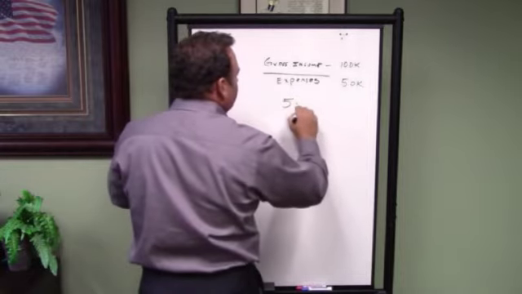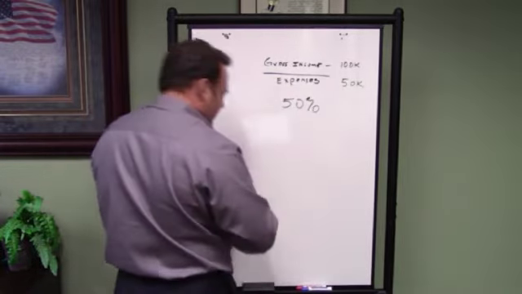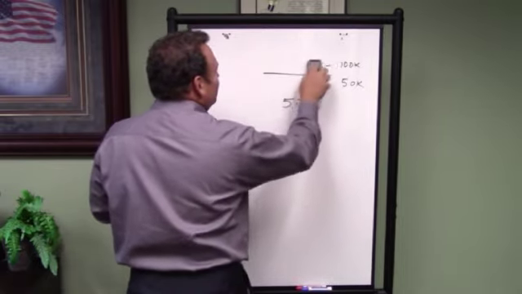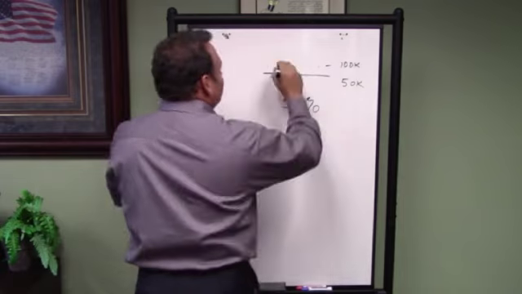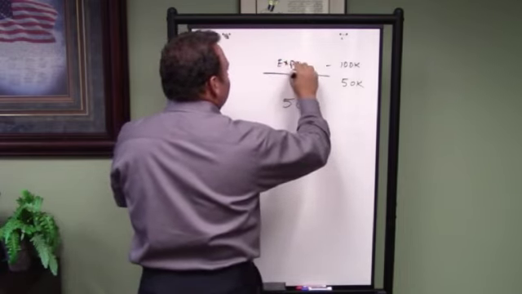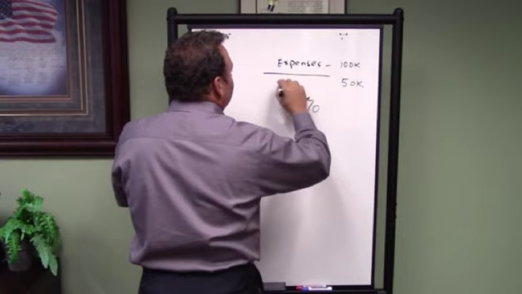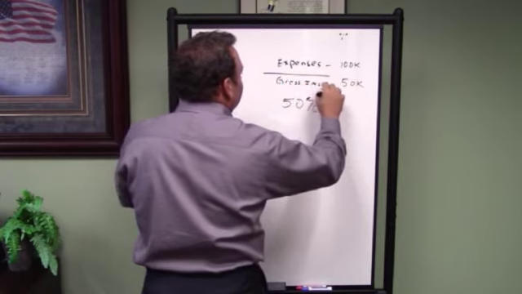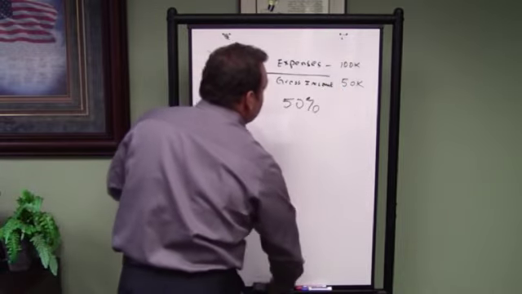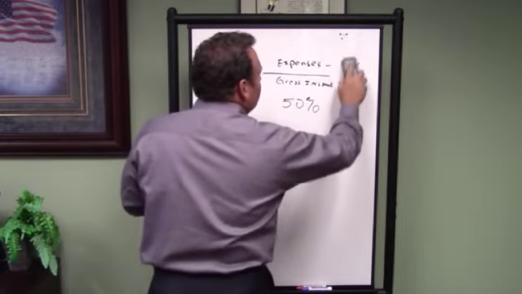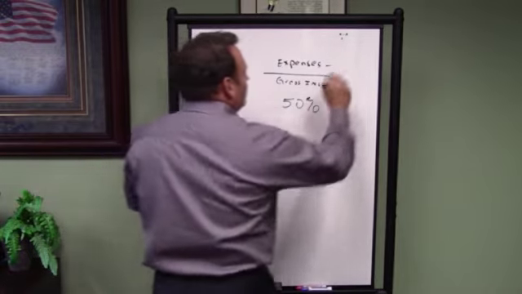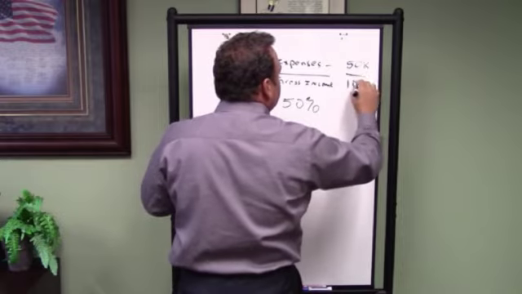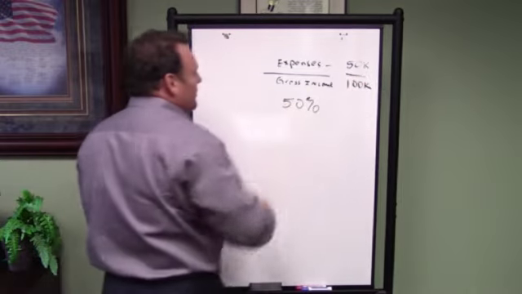It would be 50%. So it's going to be 50 divided by 100, which gives you 50% or 0.5.